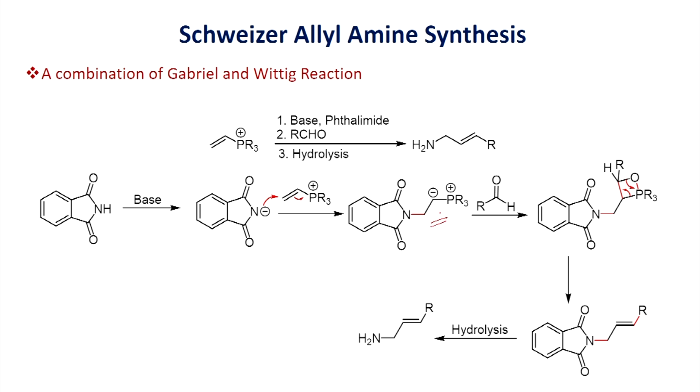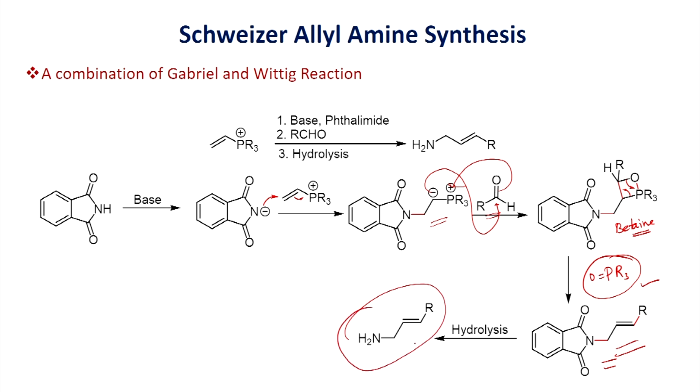Once you form this ylide, which can readily react with aldehyde, as you can see here, this can undergo addition here, then this can come here, then you will be able to form this betaine intermediate, which can convert into this allylic derivative, where you generate the phosphine oxide as the byproduct. Once you form this one, when you do the hydrolysis, you will be able to generate this allylic amine as the product.